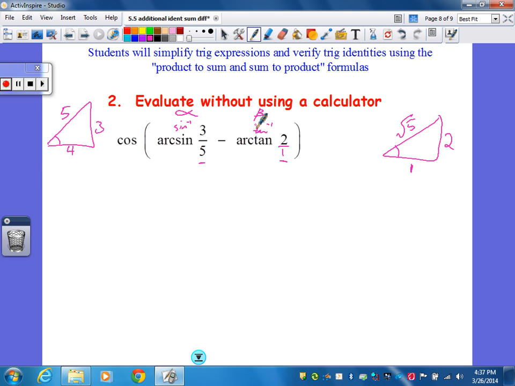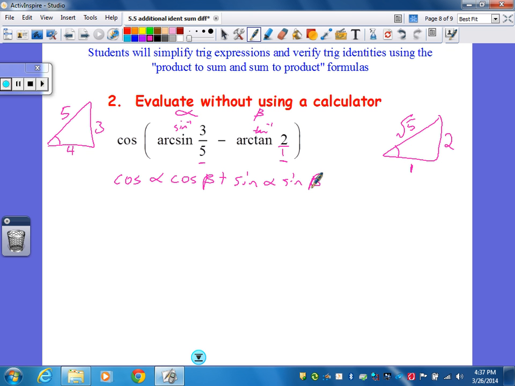Well, this is similar to what we did with the difference formulas earlier in the chapter, where we know that cosine of alpha minus beta is cosine alpha cosine beta, and then our sines are going to be different, so plus sine alpha sine beta.